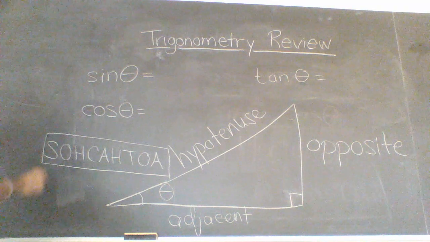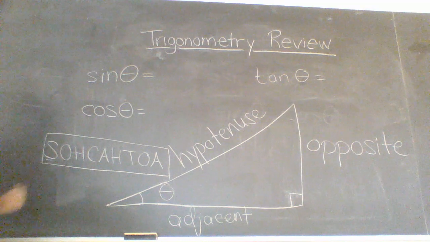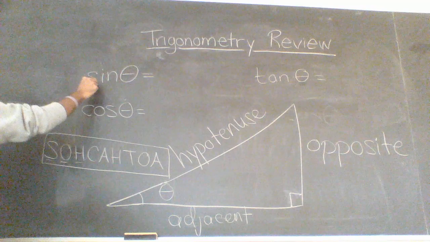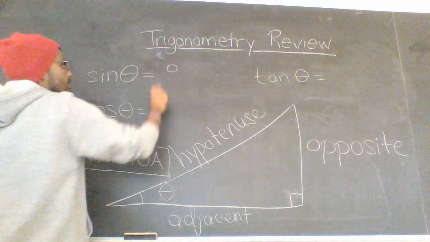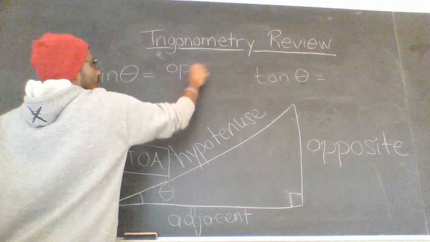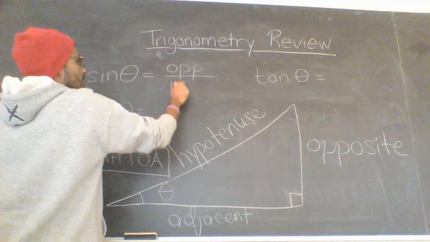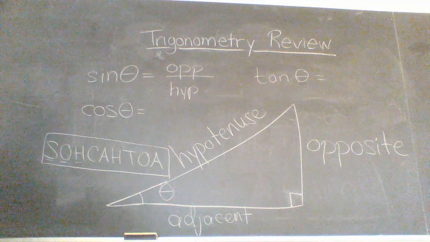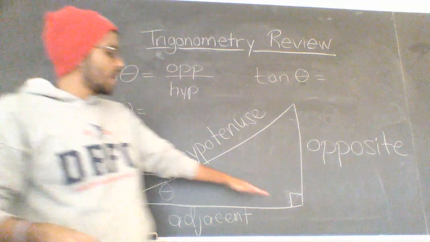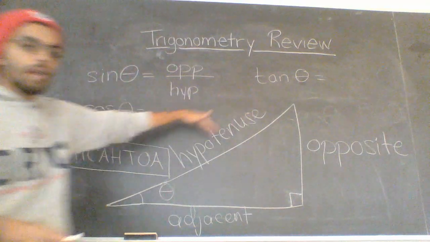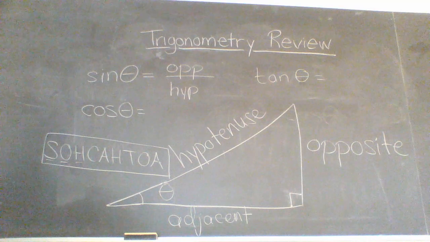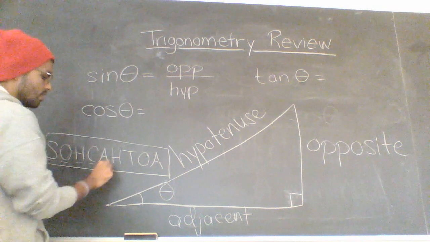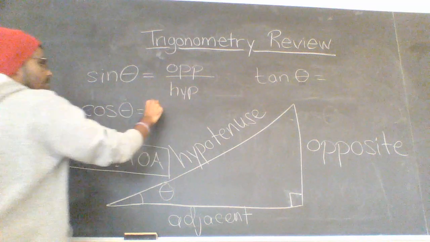So if we just use this, we've got S for sine, O for opposite, H for hypotenuse. So the sine of this angle theta is going to be the length of the opposite side divided by the length of this hypotenuse here. Okay? Cosine, C for cosine, A for adjacent, H for hypotenuse.